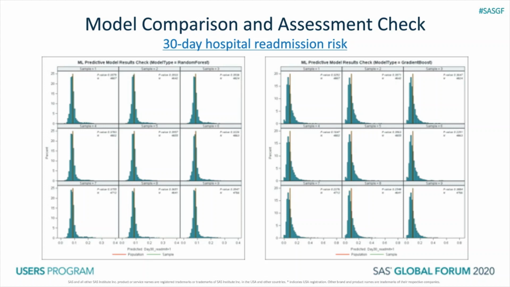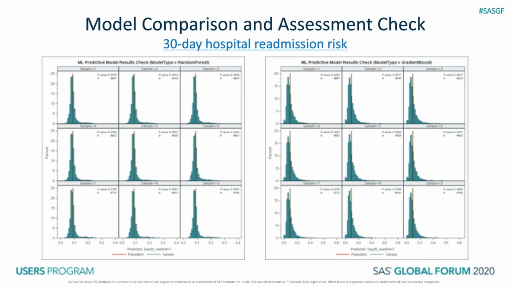And we can see that the distribution looks similar across the two sets of model predictions from the two algorithms used to fit the 30-day hospital readmission risk.